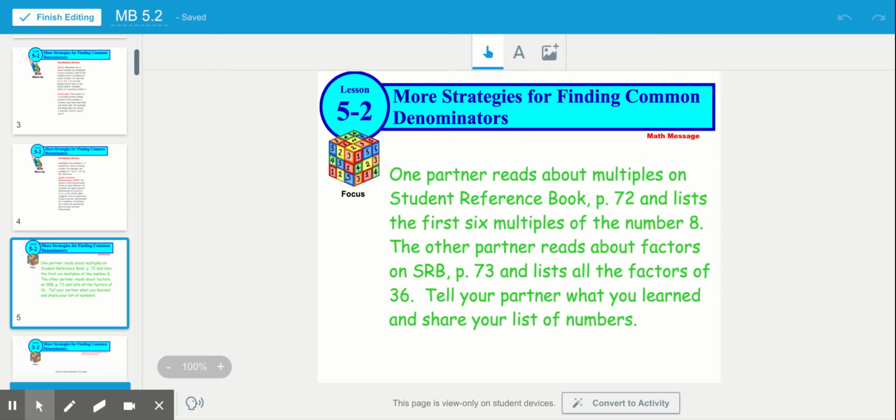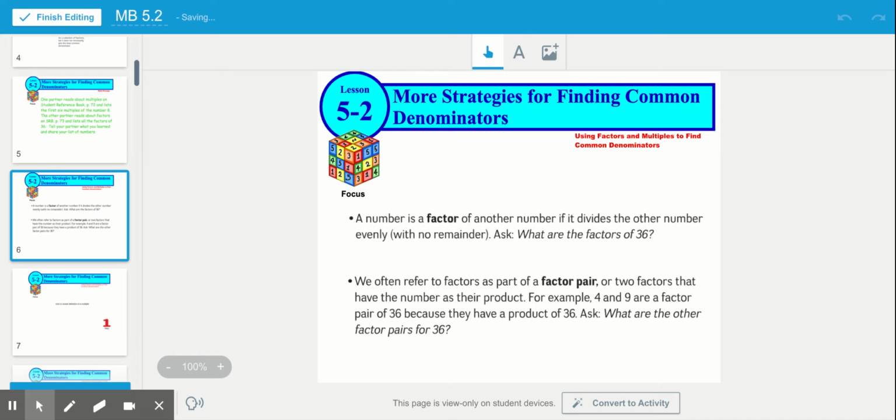The other person is going to read about factors on SRB page 73 and list all the factors of 36. Then you're going to tell your partner what you learned and share your list. So we will look forward to an online version of this discussion so that you can talk about what you have read about on page 72 and page 73.